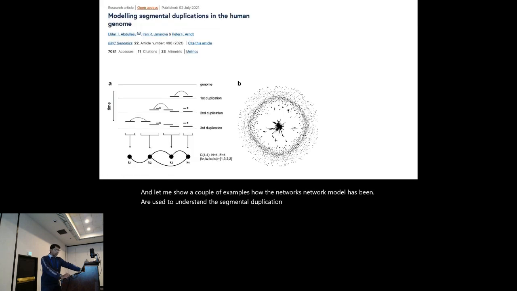This is one representative paper that first proposed a network model to understand segmental duplications.